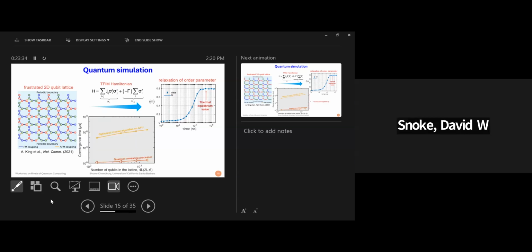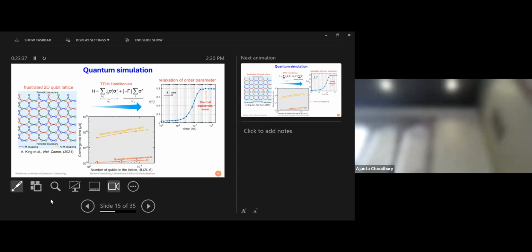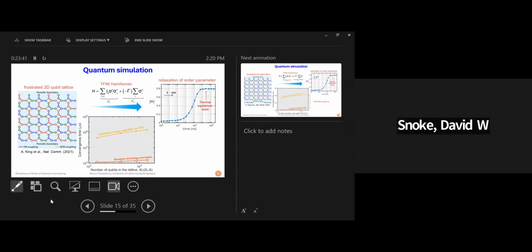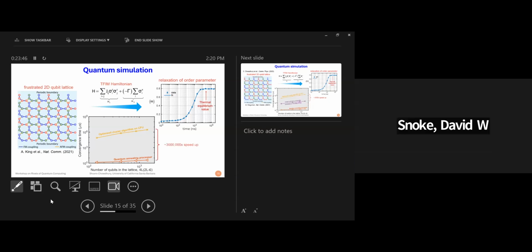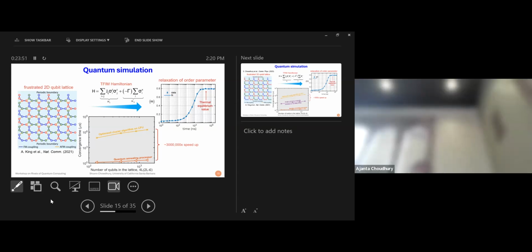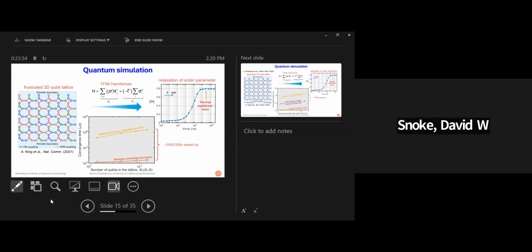They compared against the optimized cluster algorithm on CPU and their quantum annealing process, and they said that there is a 3 million x speedup between CPU and quantum annealing. That was another interesting observation.